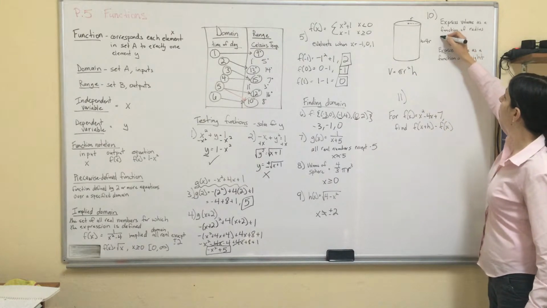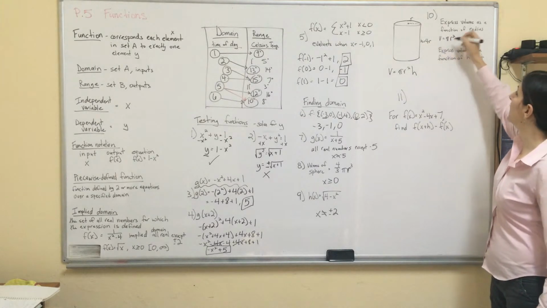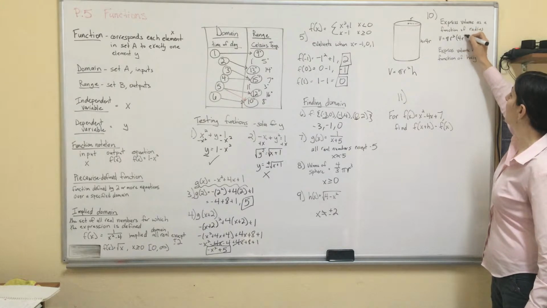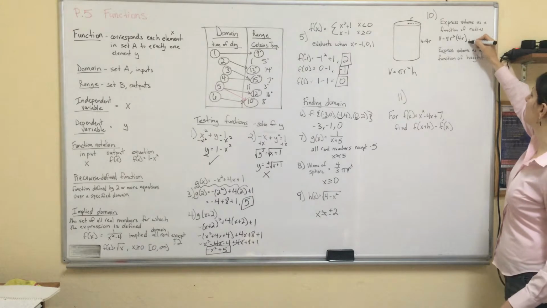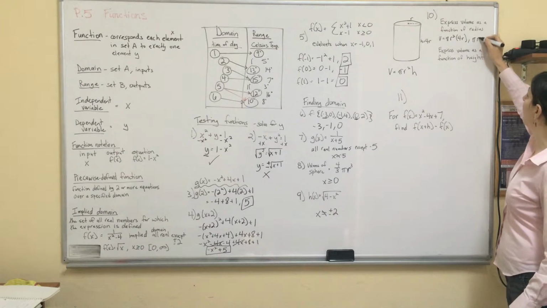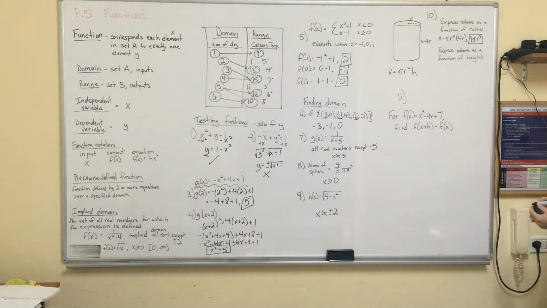So if we did that, we'd say the volume equals pi r squared, and instead of h, we're going to put times 4r. We simplified it, it would be 4 pi r cubed. It would be the same thing if we multiplied it out.